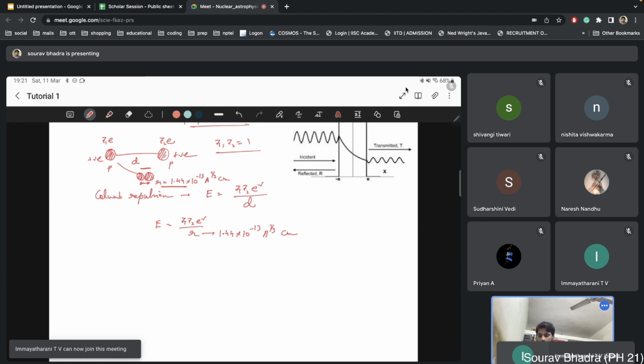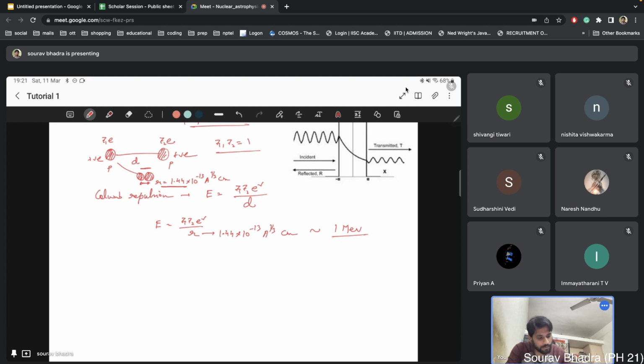If you calculate this, it will give you roughly 1 MeV energy. So, you need at least 1 MeV energy to get those protons so close that they take part in the fusion reaction and the creation of helium happens.